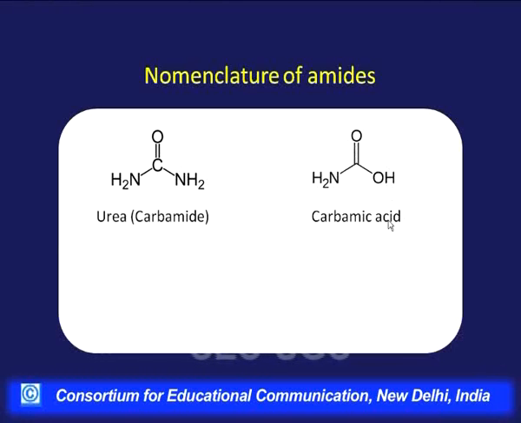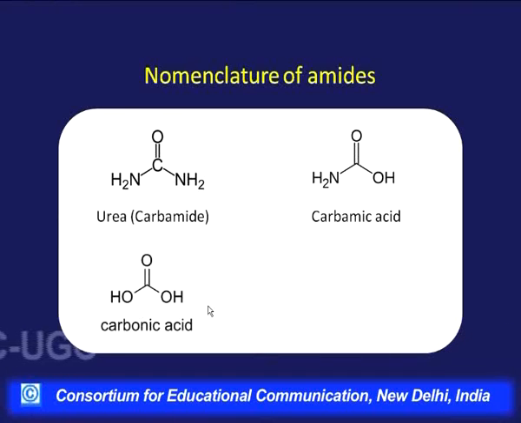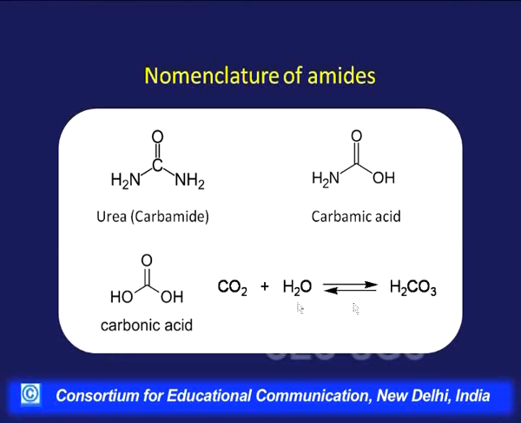So, from the name carbamic acid, the name for this compound is derived as carbamide. Carbamic acid itself is the amide of another acid which is called carbonic acid. So, on this side an amide has been formed, and carbonic acid, you know, is the solution of carbon dioxide in water. So, when carbon dioxide under pressure is dissolved in water it gives carbonic acid, and its diamide is urea.